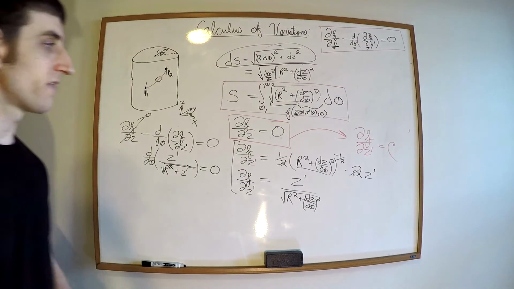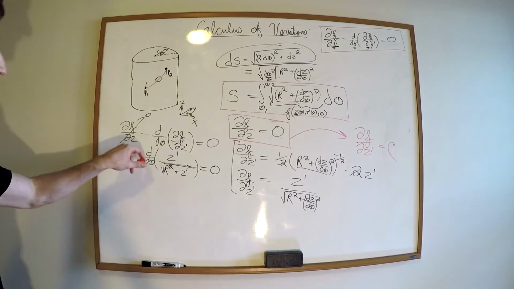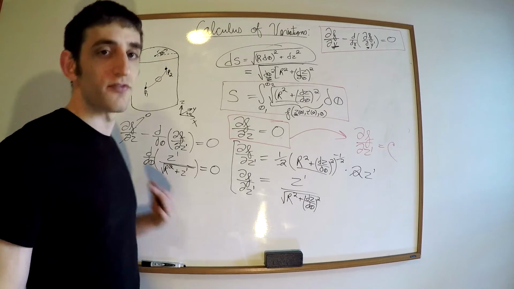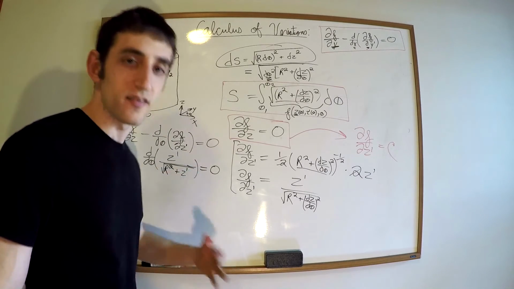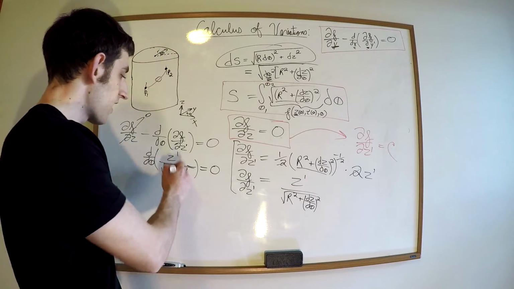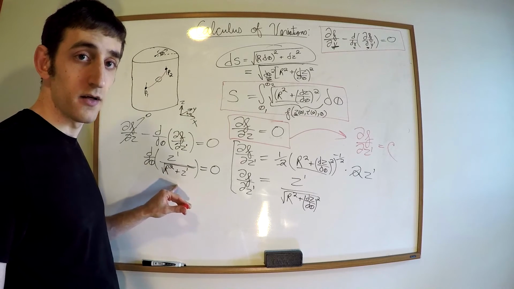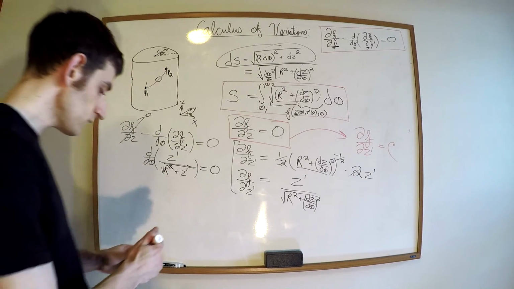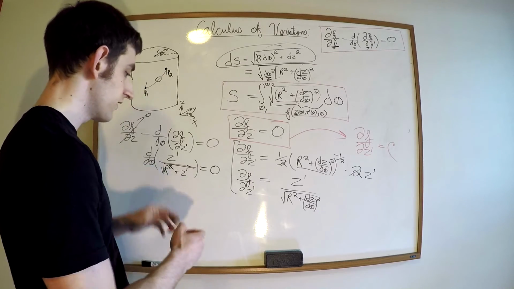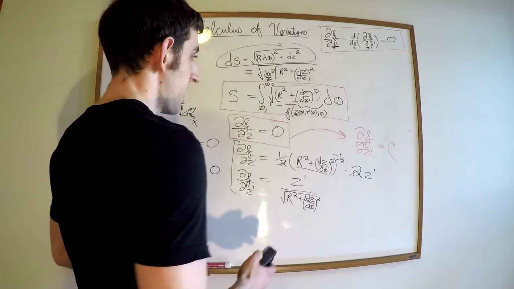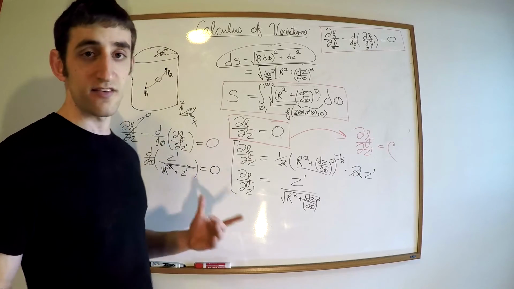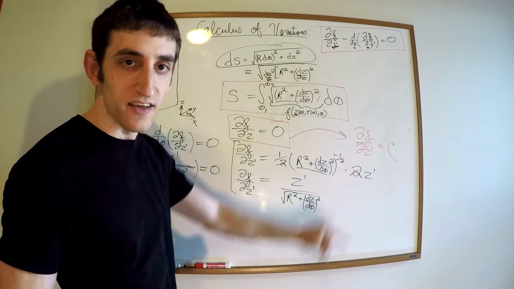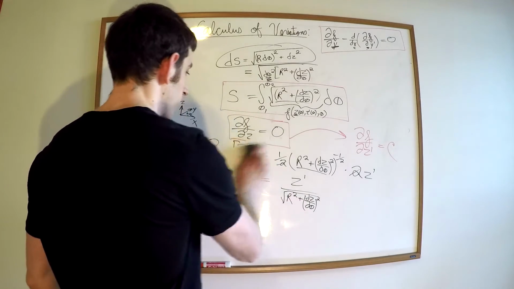Why is that? When the derivative of something equals 0, whatever is inside has to be a constant. So we know everything in here is a constant. If you encounter this situation in a future problem, you can use this simplification. That's pretty nice, right? So you can always use that.